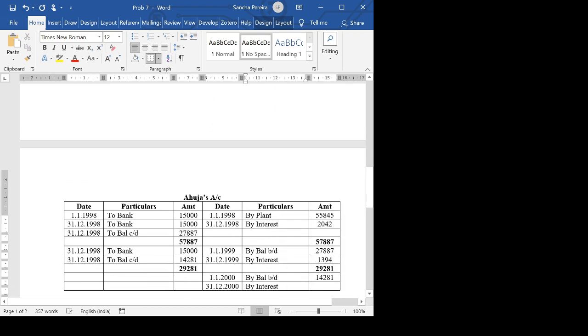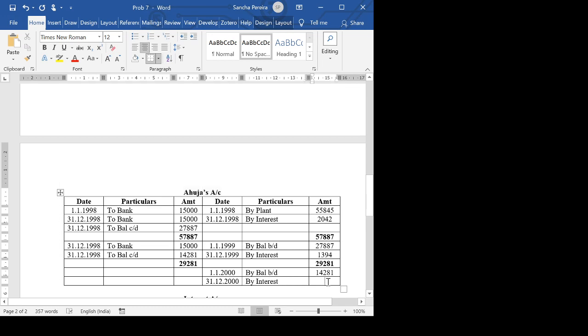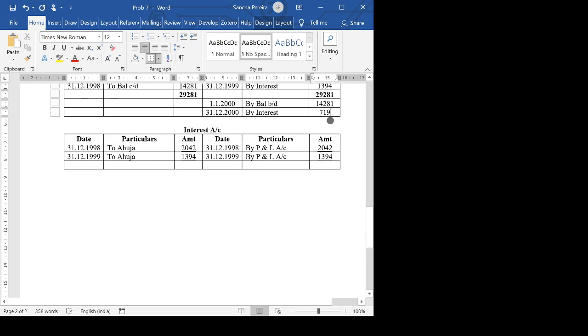Interest is 719. So if you're showing interest in Ahuja's account, in interest account, you'll have to Ahuja, 719. When I put this underline here, I mean it's closing. Okay, I told you this in the first problem. You don't have to keep putting it again. Just underline it there itself.